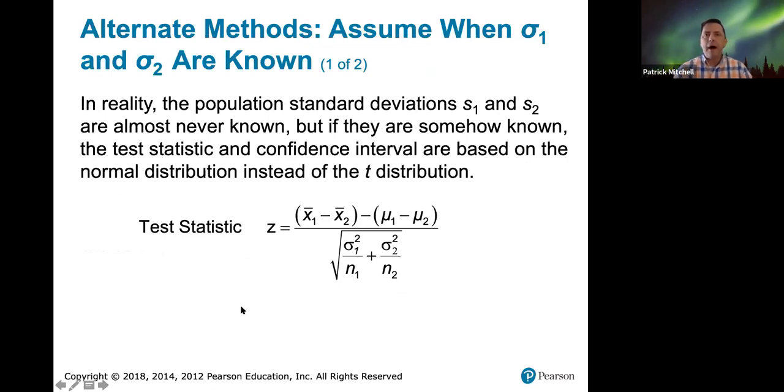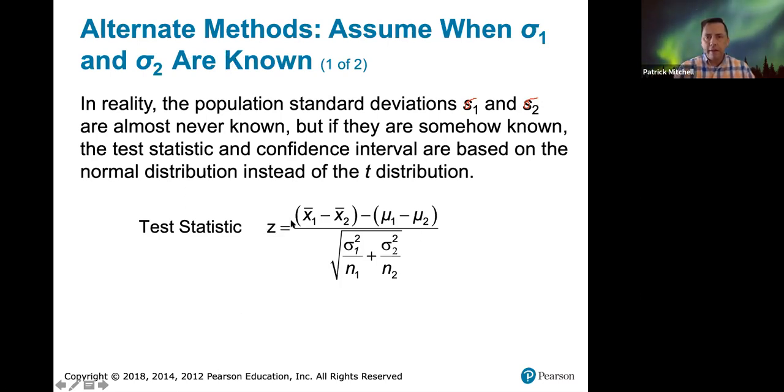In reality, the population standard deviations, sigma 1 and sigma 2, I didn't notice that before, let's fix that real quick, are almost never known. But if they are somehow known, the test statistic and confidence interval are based on the normal distribution instead of the t distribution.